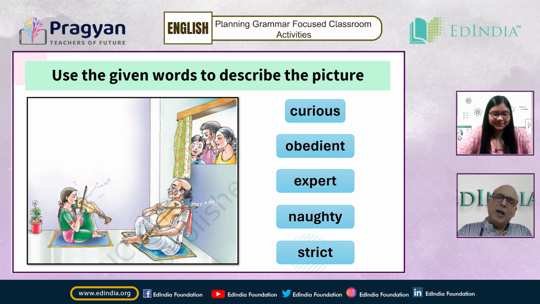Now think about कि आप ये क्लास में कर रहे हैं, अपने स्टूडेंट को ये पिक्चर दिखाया आपने, और फिर उसके बाद ये वर्ड्स उनके सामने आ गए स्क्रीन पे, या आप बोर्ड पे भी लिख सकते हैं. That depends on your choice. And then you ask them to use this word, any one of these words, to talk about the picture.